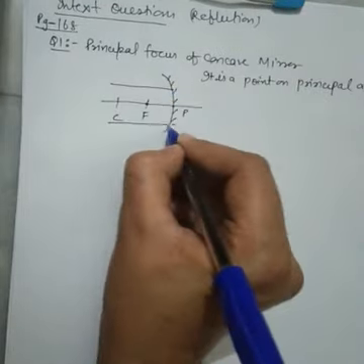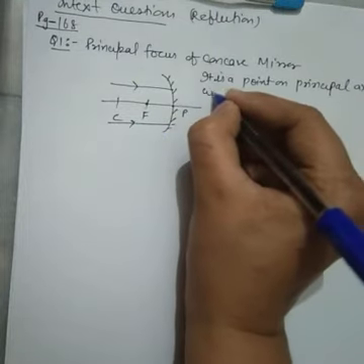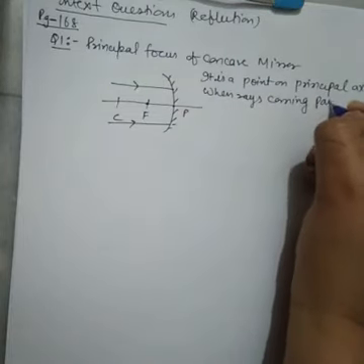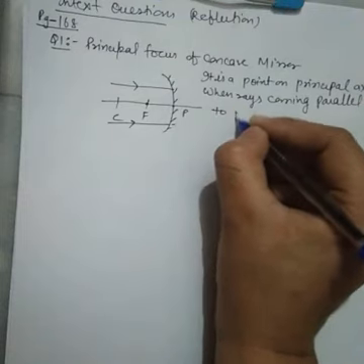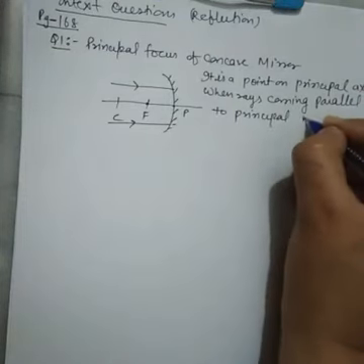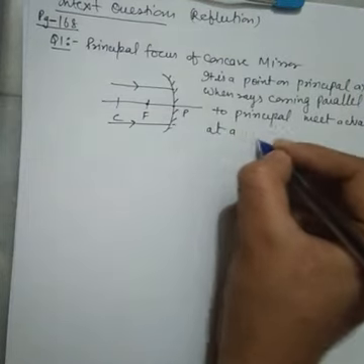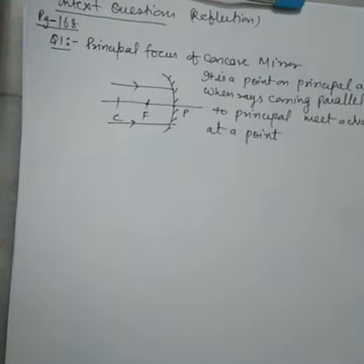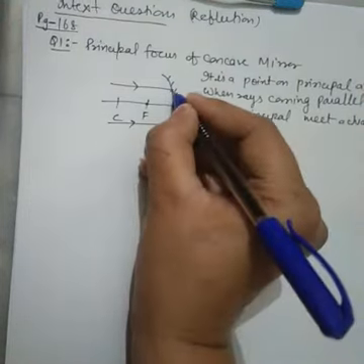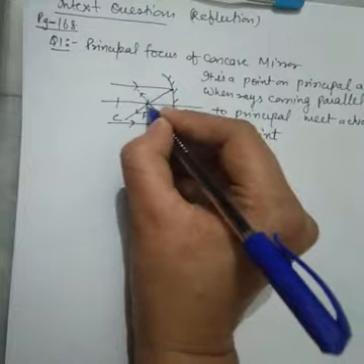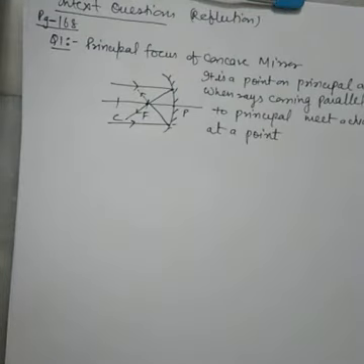When rays coming parallel to the principal axis meet at a point, this point is known as principal focus. After reflection, the rays go towards the principal axis and meet at a point. This point is known as principal focus. Why principal? Because it is lying on the principal axis.